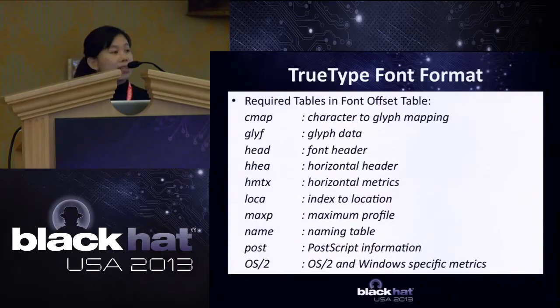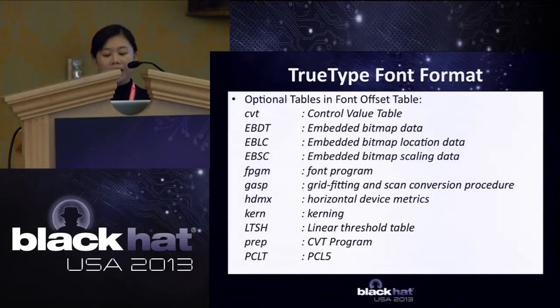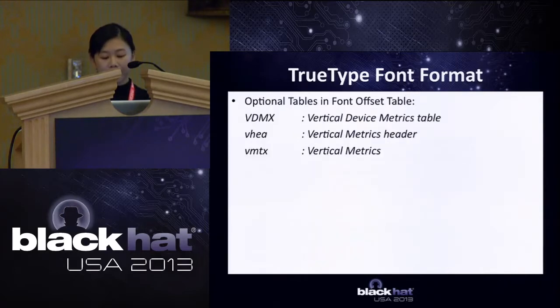This slide lists the required tables in the font offset table that include cmap, glyf, head, hhea, loca, maxp, and etc. However, they also can include some optional font tables, such as CBDT, EBDT, EBLC, EBSC, and some more. And all the tag names for each table must be registered with Apple Developer Technical Support.